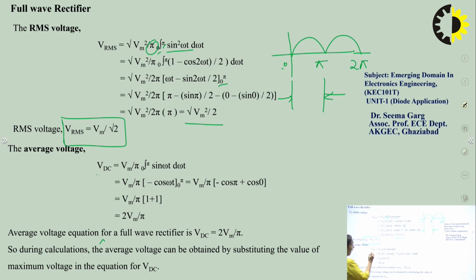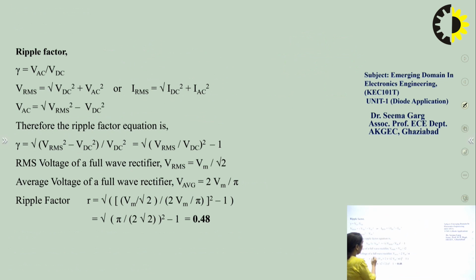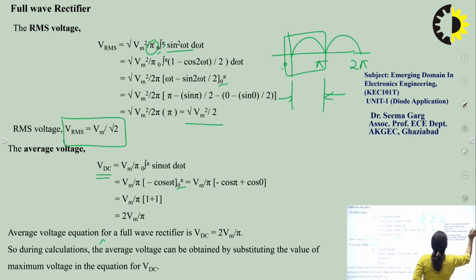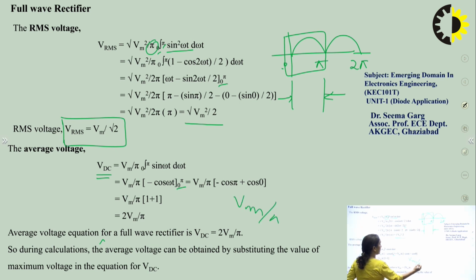Now coming to the average value: the area under this curve divided by the base value, that is pi. So it is Vm by pi times the integral from 0 to pi of sin omega t d omega t. Integrating this and placing the limits, we get VDC equal to twice Vm by pi, whereas in the half wave rectifier it was only Vm by pi.